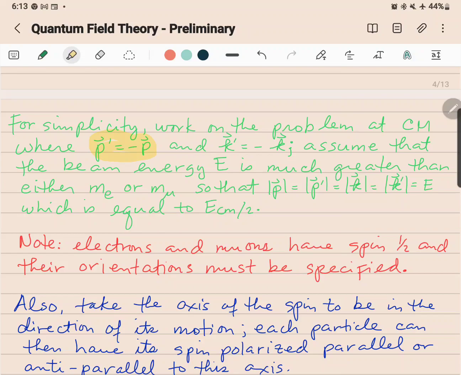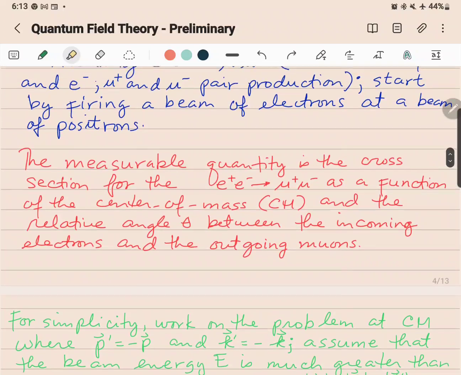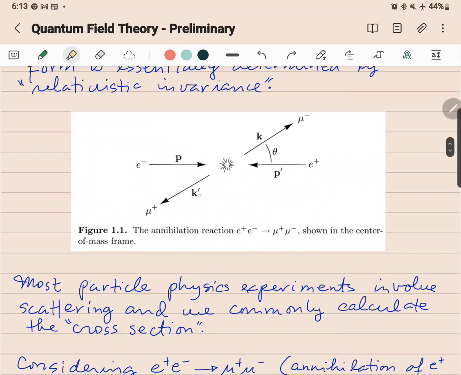But the energies, of course, are equal, so they will just be at the center of mass. And of course here, the outgoing momenta of the mu and anti-mu are also equal and negative of each other. So that's it.